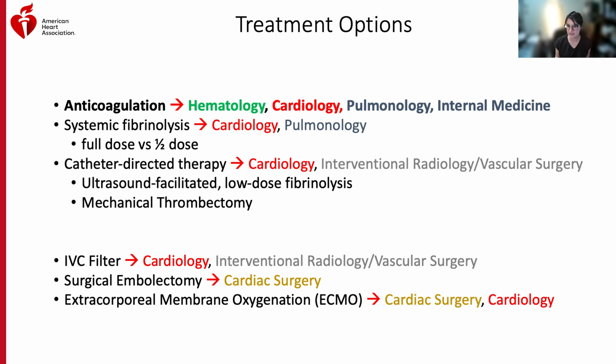The second goal of therapy is longer term, and that's the prevention of chronic thromboembolic pulmonary hypertension, and doesn't really apply in the acute setting. But when you're thinking about the options for advanced therapies, I think it's very important to try to get the stakeholders together. Our institution also has a pulmonary embolism response team who reviews these cases in rapid time and can help to expedite the patient through to the appropriate level of care, or whatever is decided upon by the multidisciplinary team.